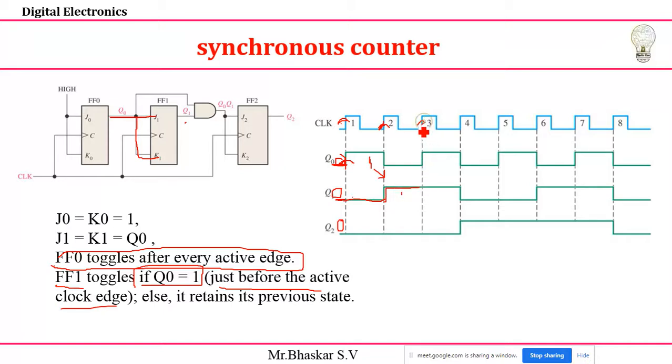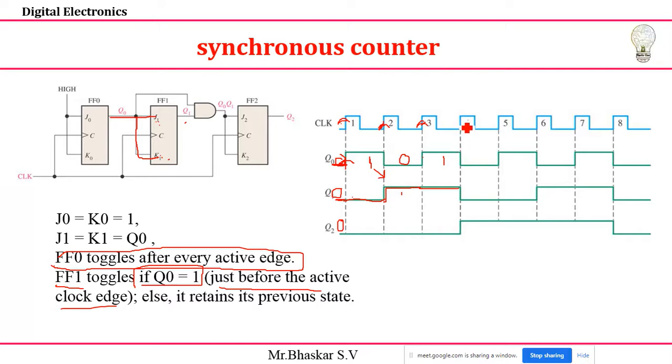Next I'm going to check this rising edge of my clock signal. In this condition, carefully observe, my Q0 value is 0. Because of 0, my J1 and K1 values are 0 0. If 0 0 means no change, no change means this value will be maintained.